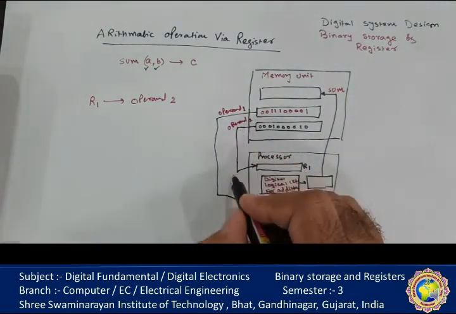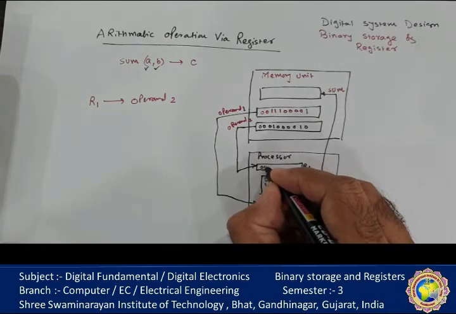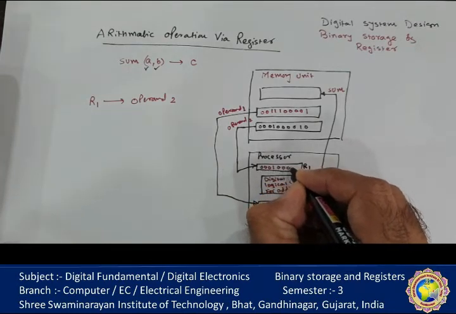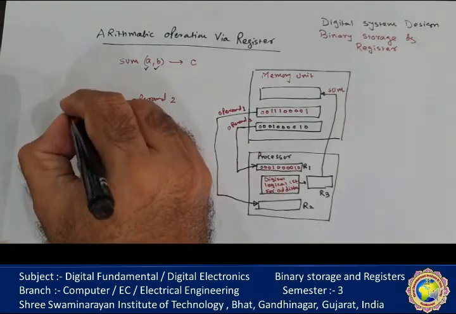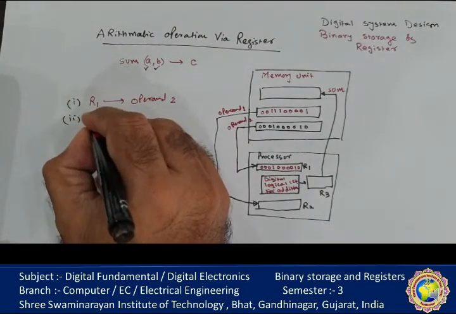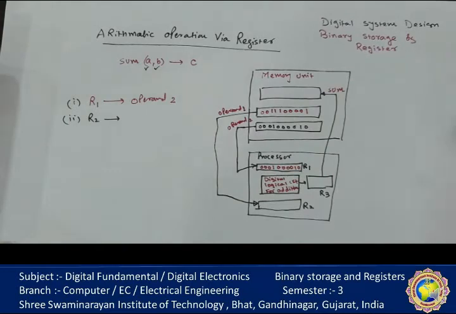The first step is that R1 becomes 0001 0010. The second step is that the operand data becomes 0011 1001 in the second register R2.